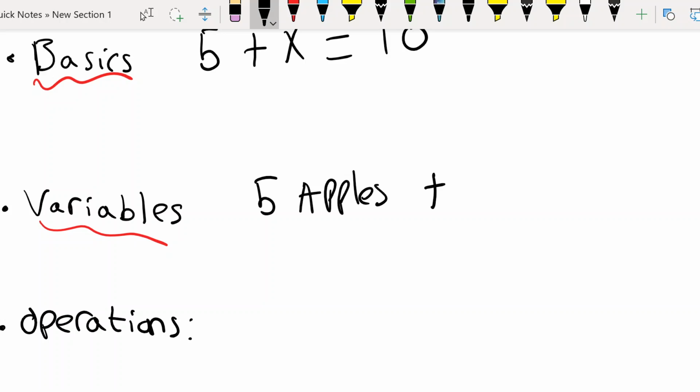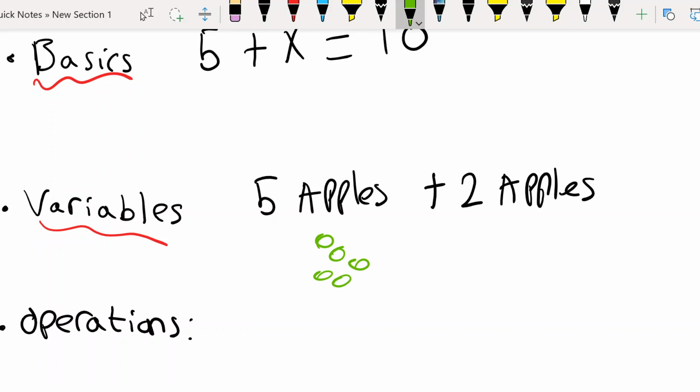Add 2 apples. How many apples do I have? So I have 5 apples, add 2 apples. You're going to say, well, this is really easy. You just put them over, and you get 7 apples.